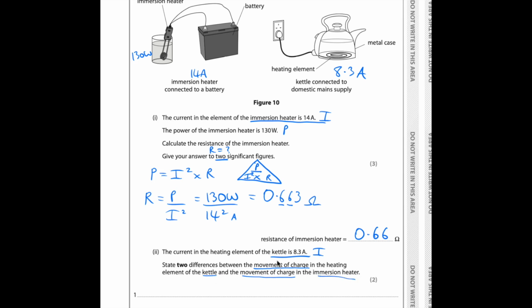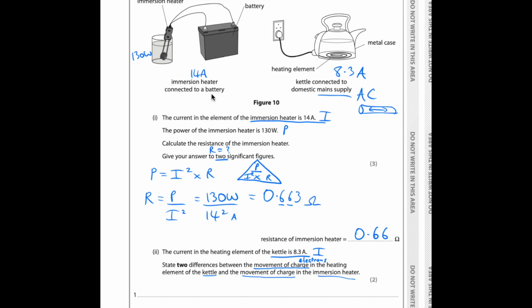Well, the charge is the electrons. And the kettle is connected to the mains supply, and that is AC. So the electrons in the wire go forwards for a split second, then they go backwards because it's alternating current.